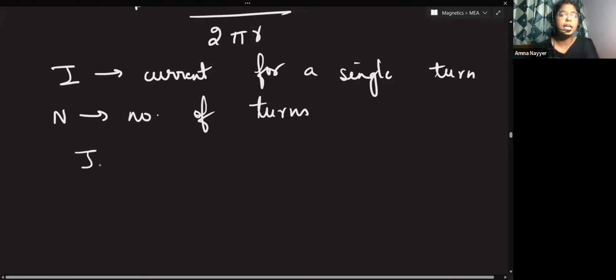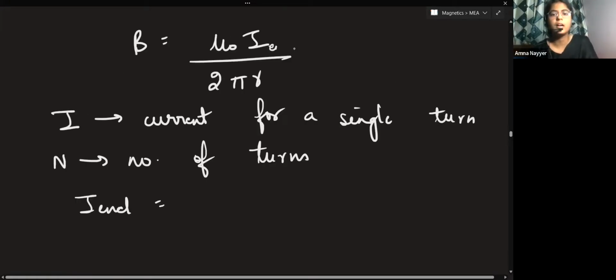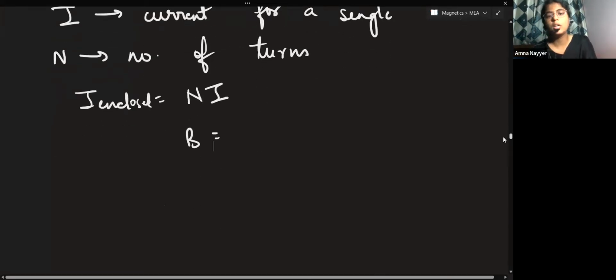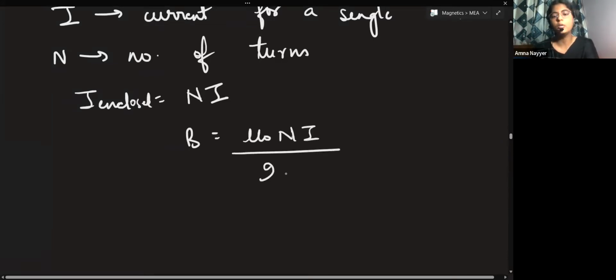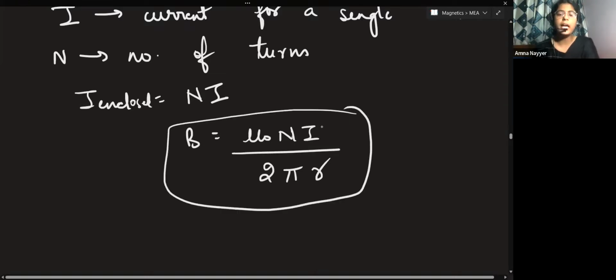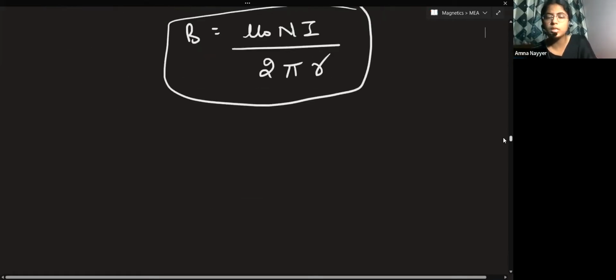So I enclosed becomes N into I. The formula becomes mu naught N I divided by 2 pi R. This is the formula you will be using.